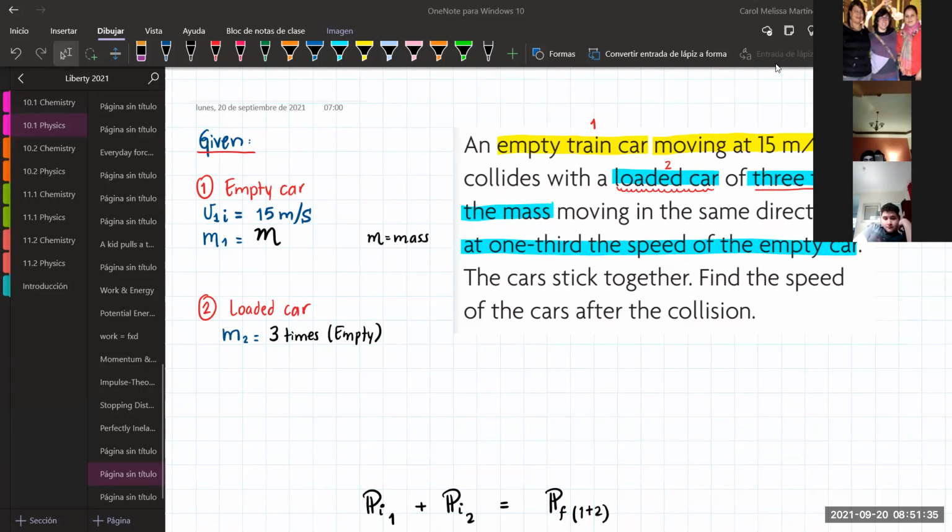But the loaded car, it says that the mass is 3 times the empty car. So the empty car is going to be a mass m, and the loaded car, which is three times the mass of the empty car, is going to be 3m.